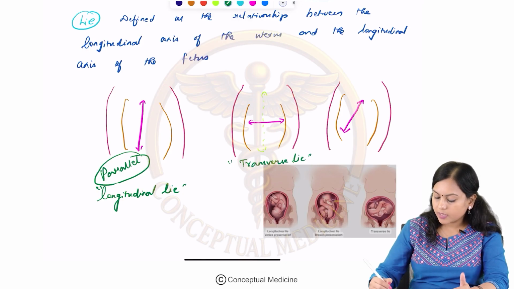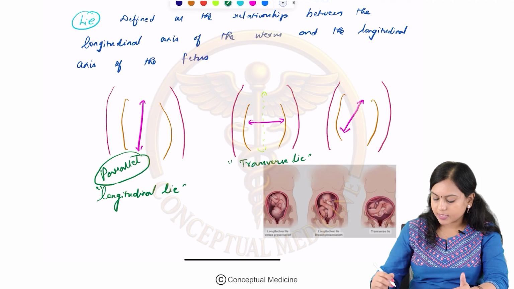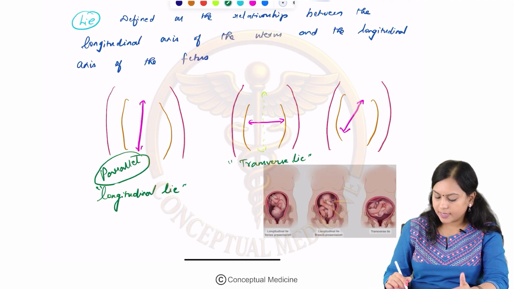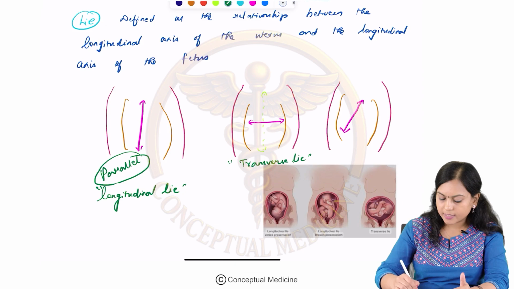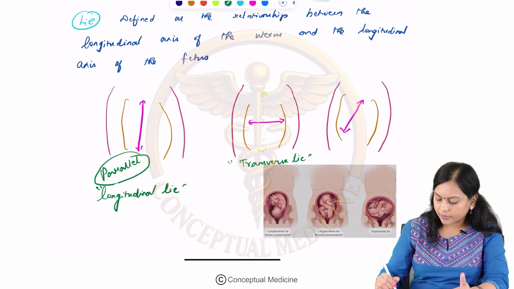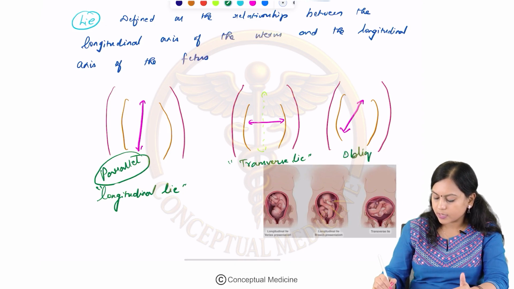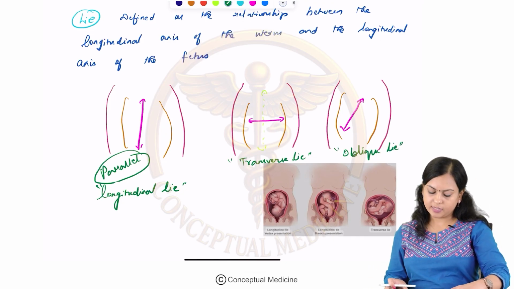Okay. Now, in this one, we are able to see that the baby is not lying in a longitudinal lie, neither in a transverse lie also. Then, this lie is known as, that is somewhat oblique, right? So, this lie is known as oblique lie. Understand?